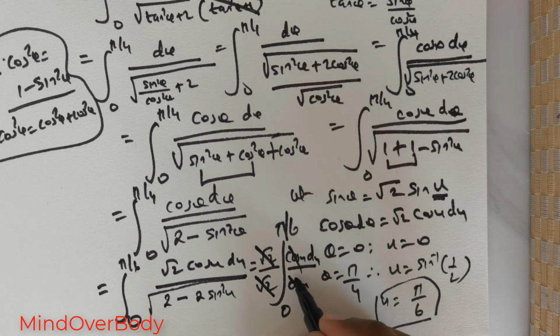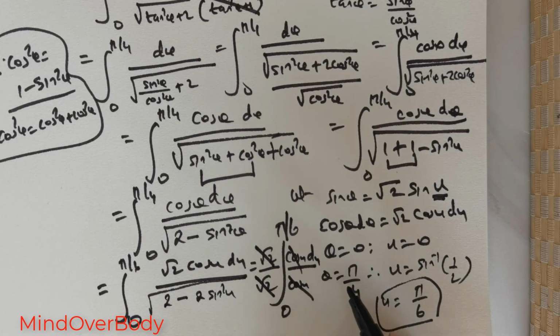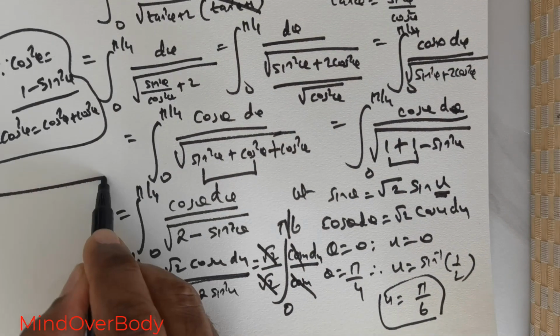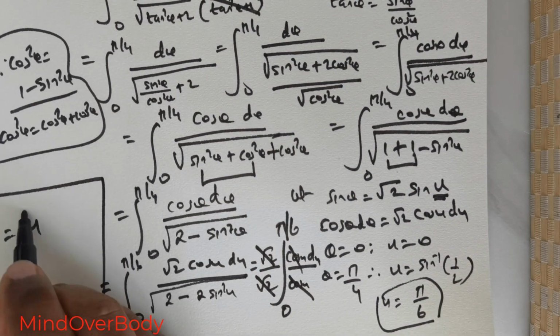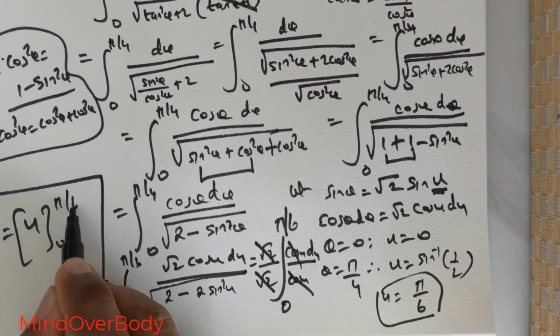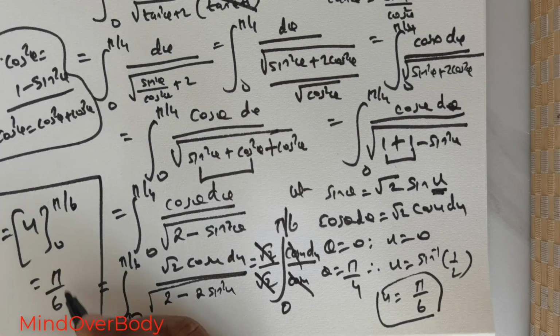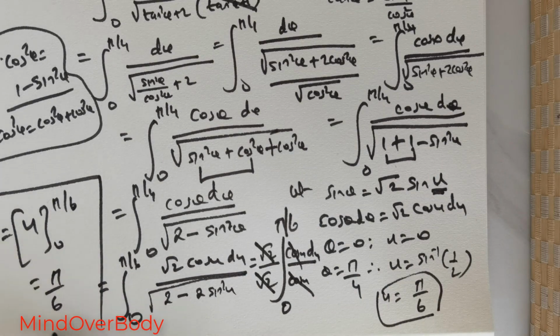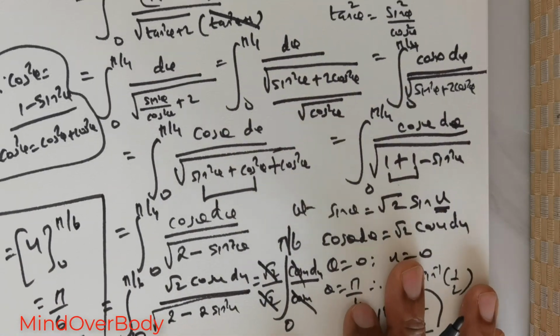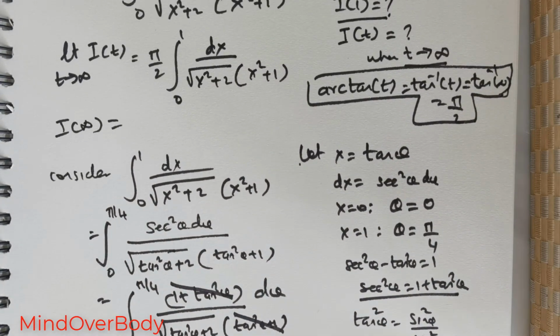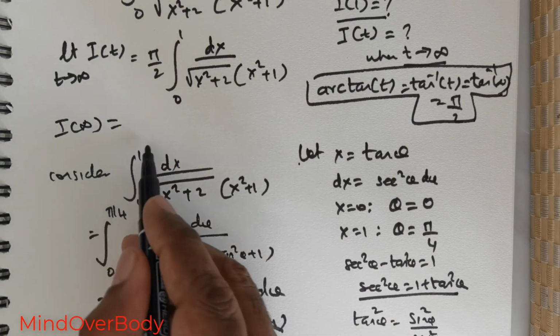So integral du, when you integrate du, what do you get? You get u. So this is equal to u, the limits are 0 to pi over 6, you substitute the upper limit, that only carries a value, so you're getting pi over 6. This is the all important value, pi over 6. So you come over here, I have evaluated this integral.